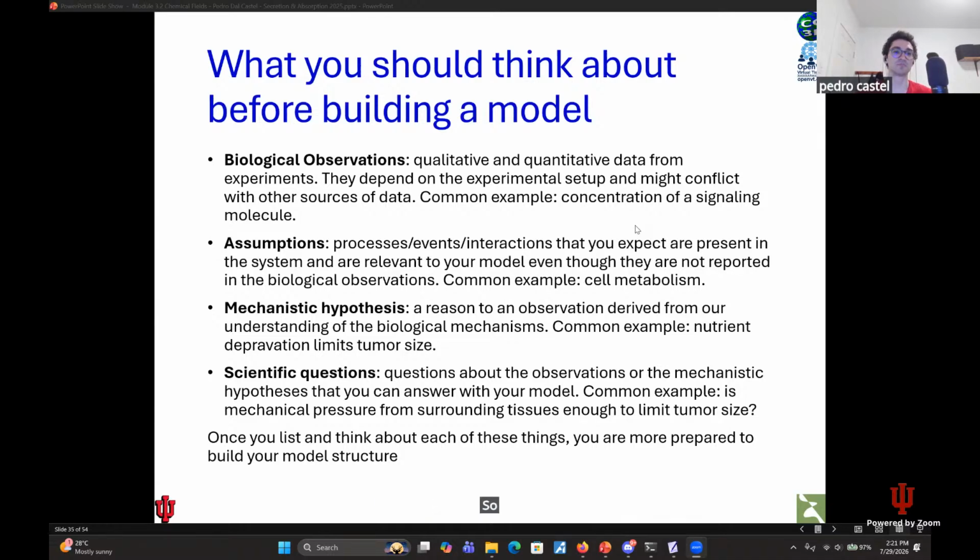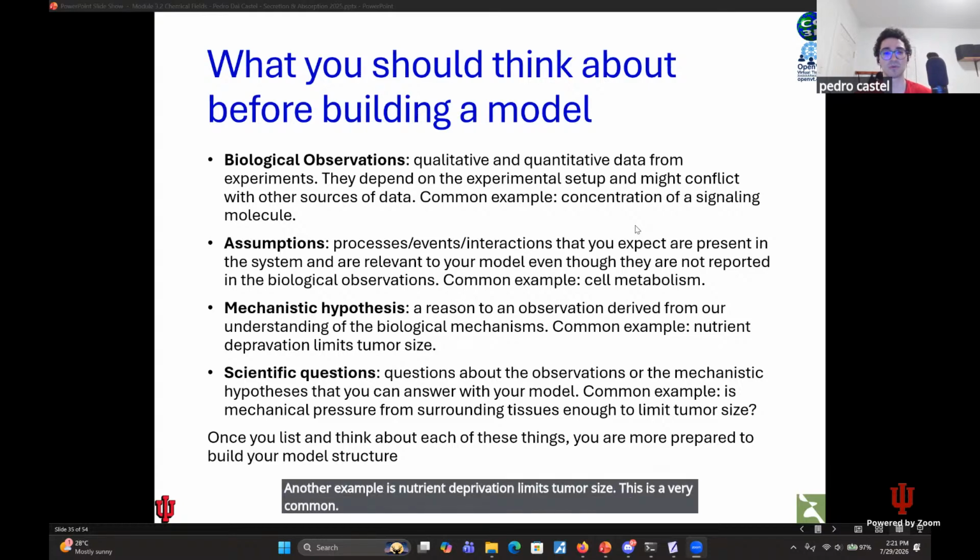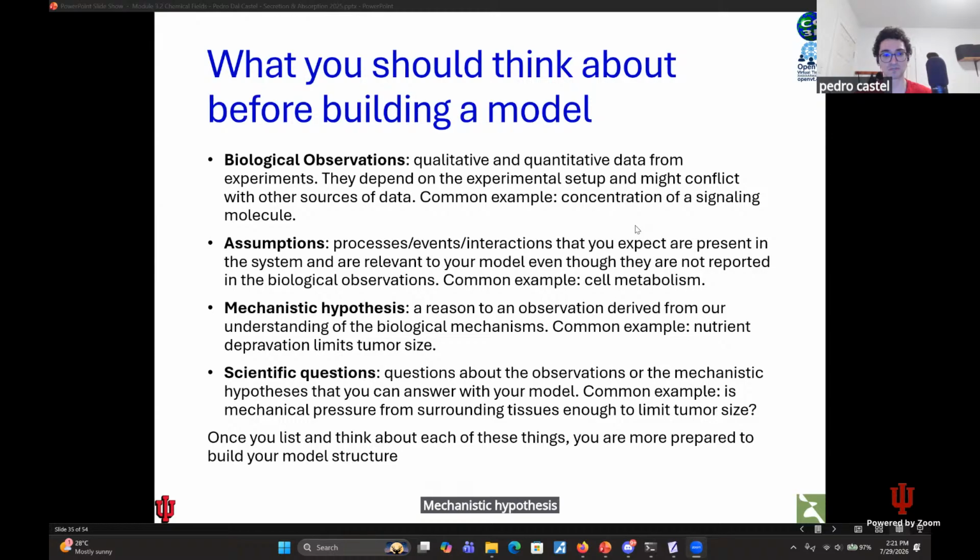So there is a mechanism: pH is degrading a certain tissue, and that eventually creates a cavity. This is a mechanistic hypothesis. Another example is nutrient deprivation limits tumor size. This is a very common mechanistic hypothesis when we're studying tumors.